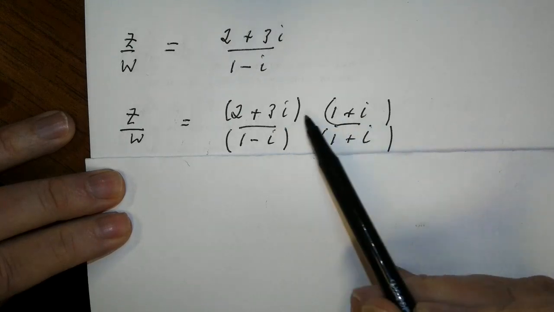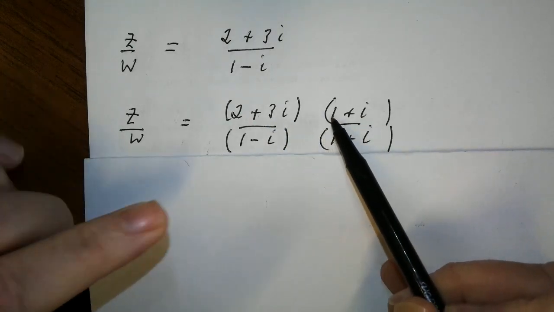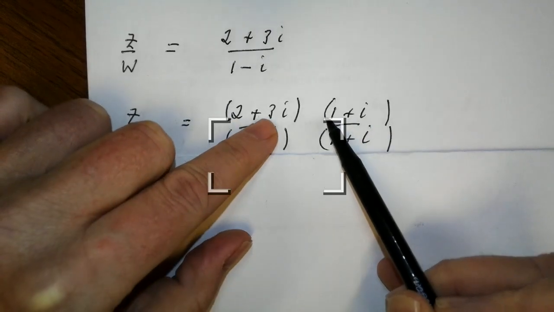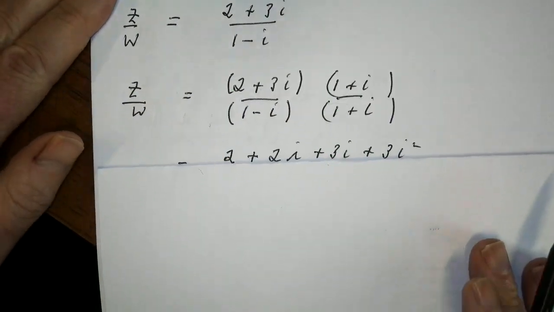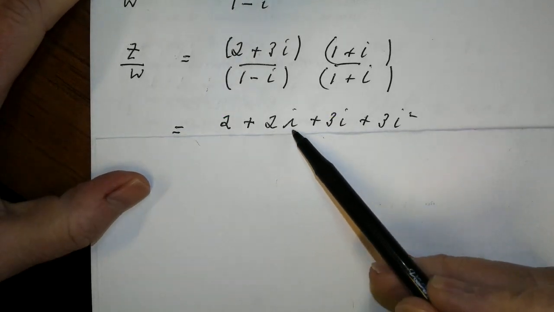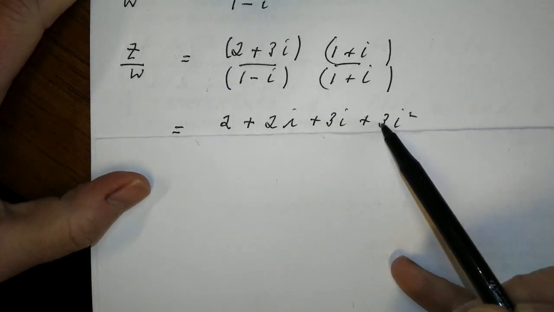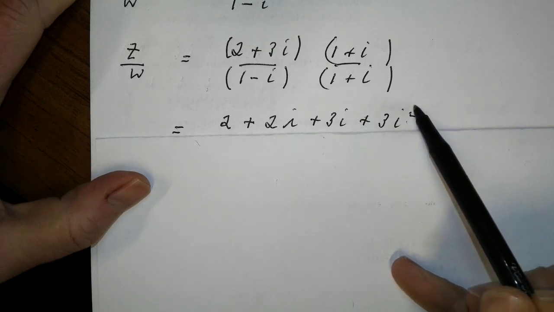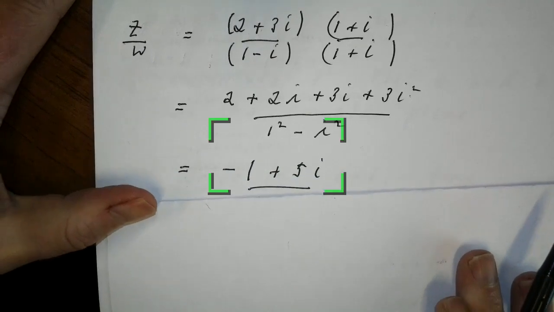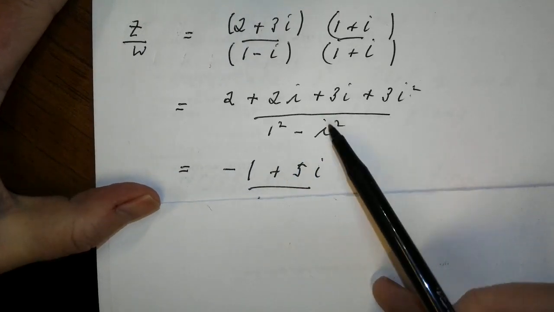Let's expand. The numerator will be 2 plus 2i plus 3i minus 3i squared. Remember that i squared is negative 1, so we'll have negative 1 plus 5i in the numerator.